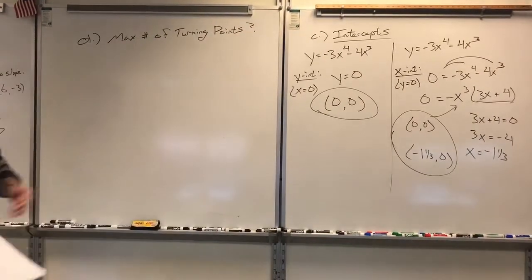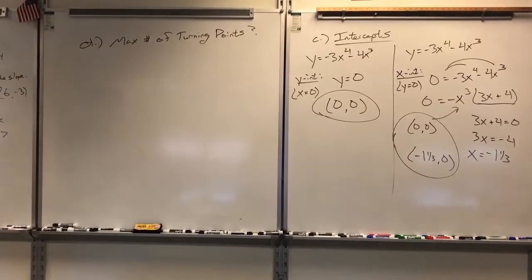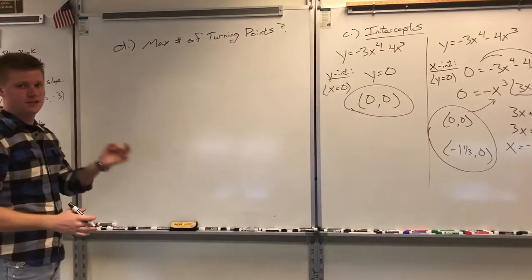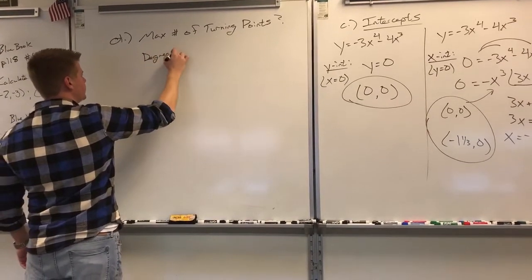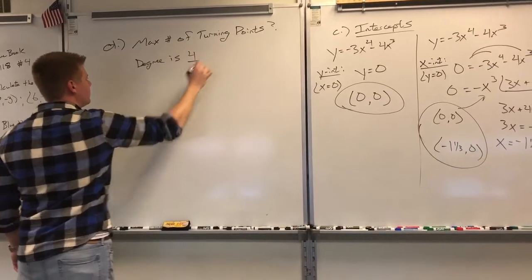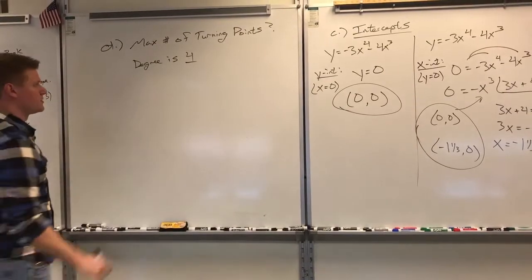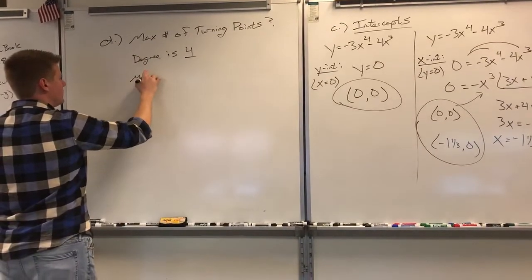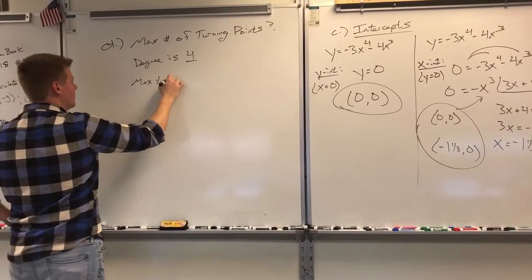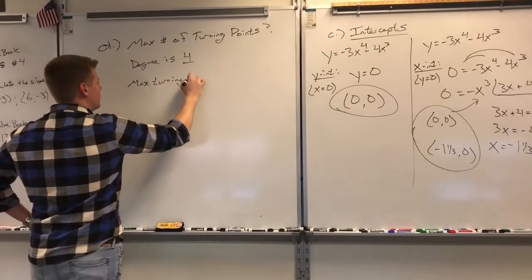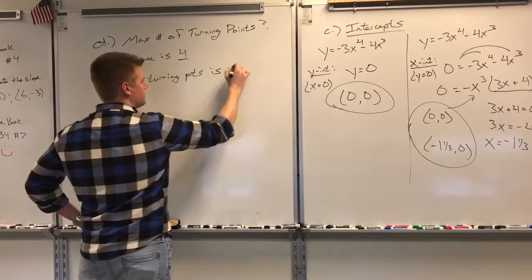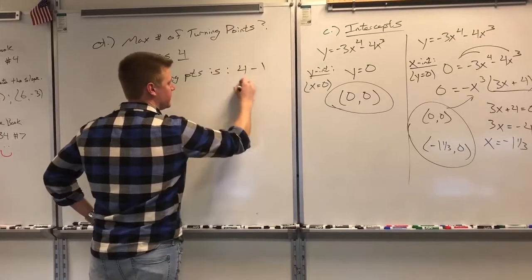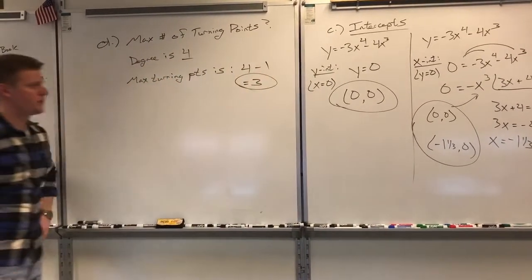This is a very easy question to answer, just a simple rule to remember. The answer is 3, because the degree of this equation is 4, and therefore the max number of turning points is simply 4 minus 1, which is 3.